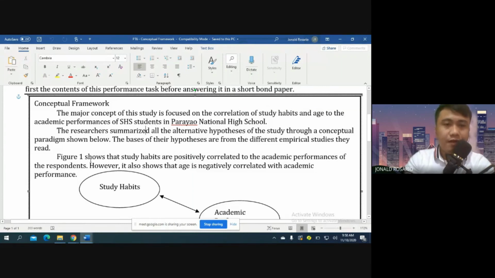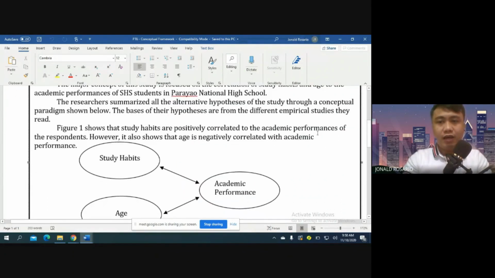Okay, so dito naman, figure 1 shows that the study habits are positively correlated to the academic performance of the respondents. Kung sakali man na nakahanap kayo ng isang related study about study habit and academic performance, at ang nakalagay doon, positive yung kanilang correlation, so pwede nyo ilagay dyan. Pwede nyo gawin as your conceptual framework, na based on a certain study, study habits are positively correlated.